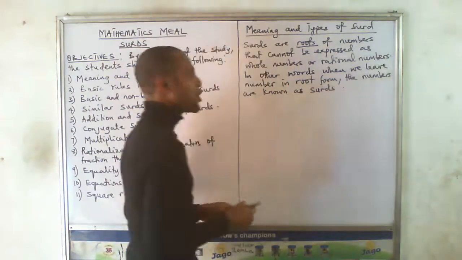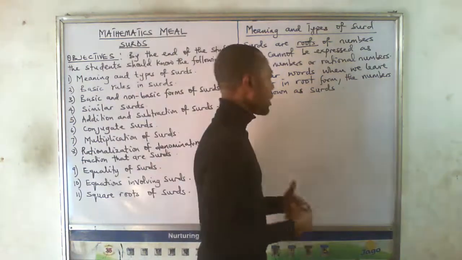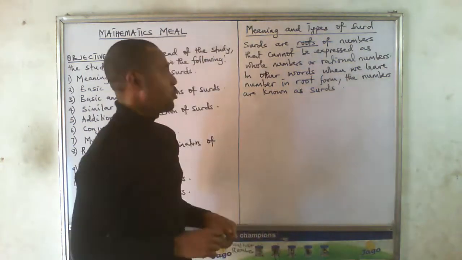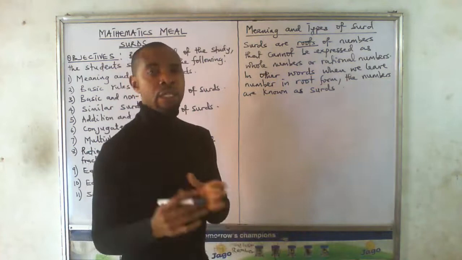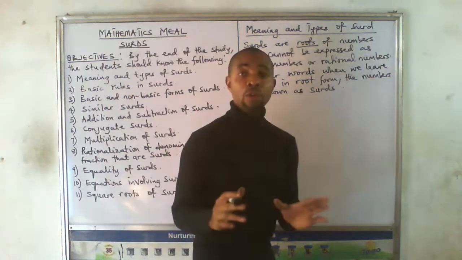So when we express numbers, when we leave numbers in root form, the numbers are known as what? Surds.